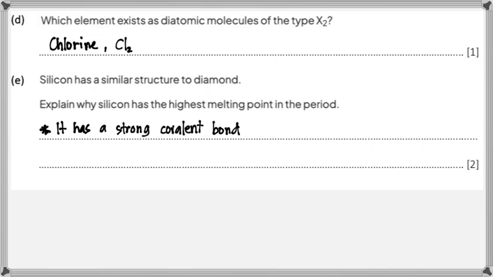How many marks is this? 2 marks. And we can also mention, to get another mark, that silicon is in a giant lattice. Okay, so it's a macromolecule.